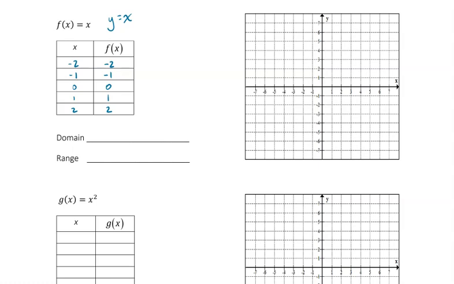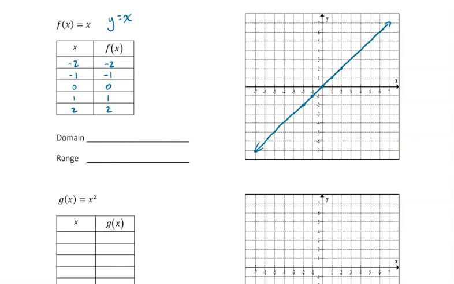So what that looks like is we have -2, -2; -1, -1; 0, 0; 1, 1; 2, 2. And if we draw the line through those, that is this function.